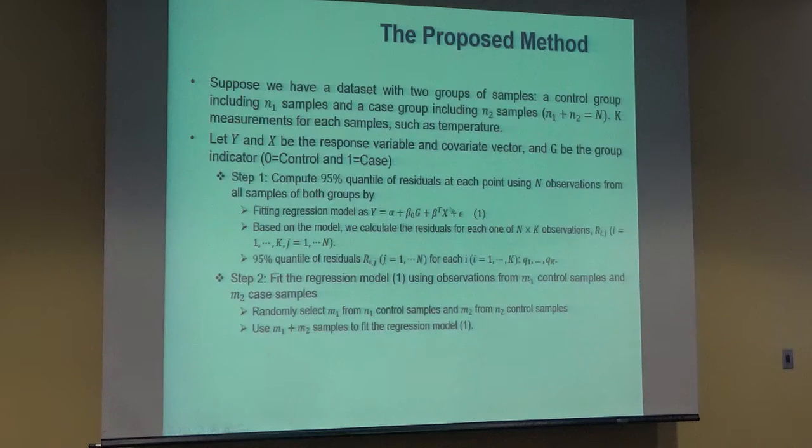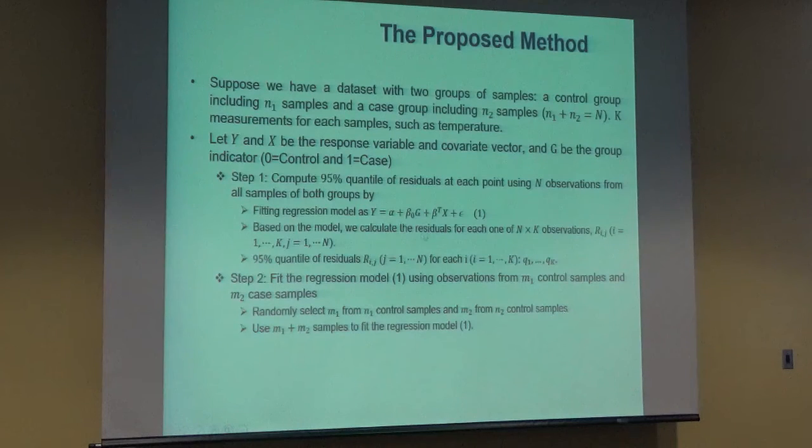So we fit a simple regression model, and then what I want to do here is look for the extreme cases. I have the residuals, and the extreme residuals should be able to tell me which is case and which is control. That's why we use these extreme residuals to come up with a way to classify.